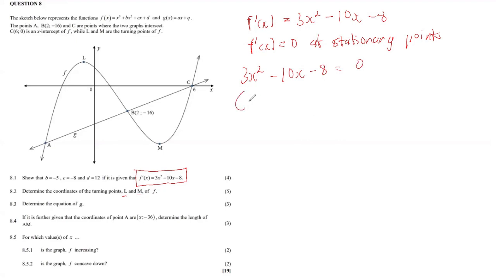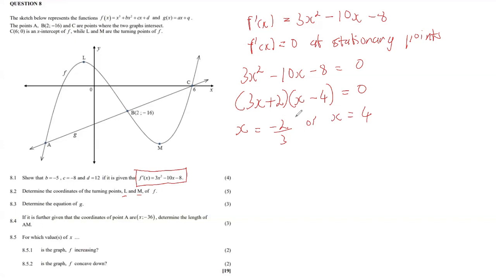Then we try to factorize here. This will be (3x + 2)(x - 4) = 0. And if we calculate this, x is equal to negative 2 over 3, or x is equal to positive 4.